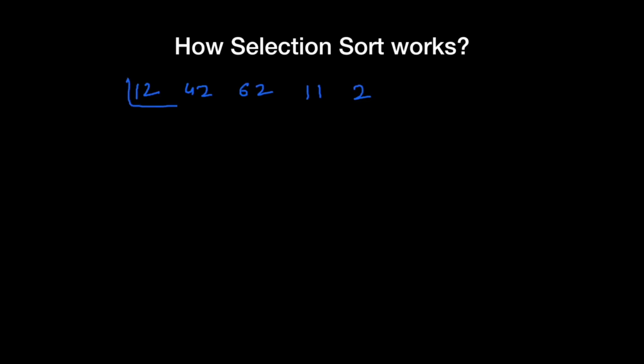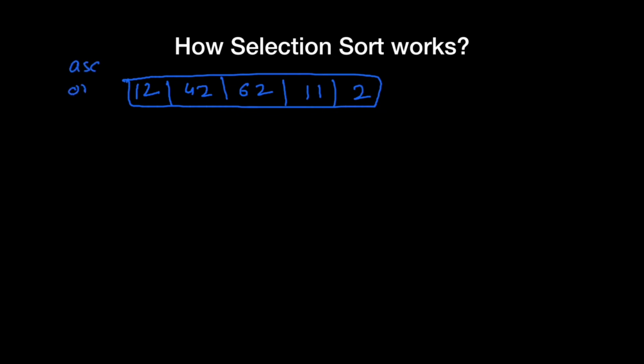We take a small array and we need to sort this array in ascending order. As I said, we have to apply selection sort. In selection sort, we have to take care of two things: with every iteration, one element reaches its correct position.